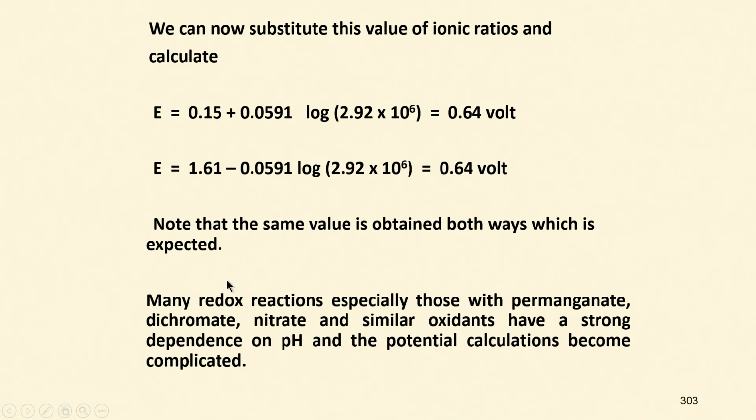So, there are many types of redox reactions, especially those involving permanganate, a very strong oxidizing agent. Potassium dichromate is a very strong oxidizing agent.